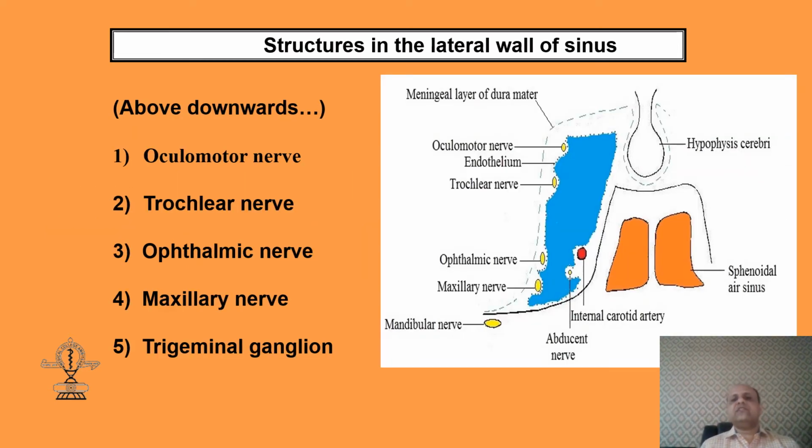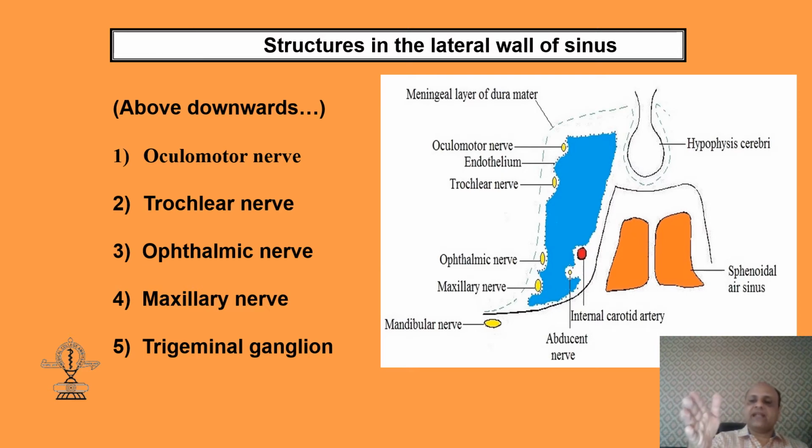So what are the structures in the lateral wall of the cavernous sinus? This is the key diagram of this topic we are dealing with today. So from superior to inferior aspect, you have the third nerve or the oculomotor nerve, the fourth nerve or the trochlear nerve, then the trigeminal nerve has got three divisions. Out of these three divisions, the ophthalmic and maxillary divisions are lying in the lateral wall of the cavernous sinus.